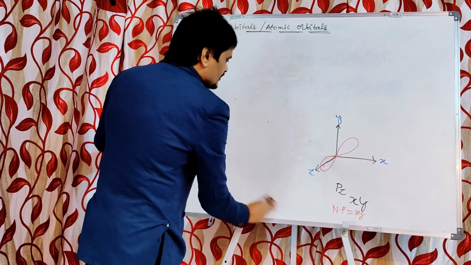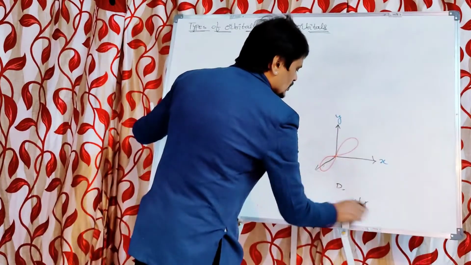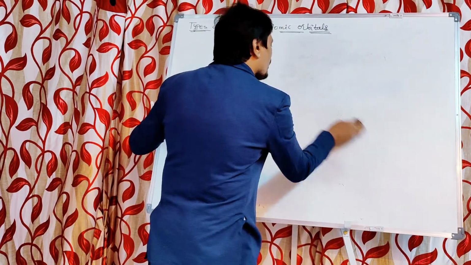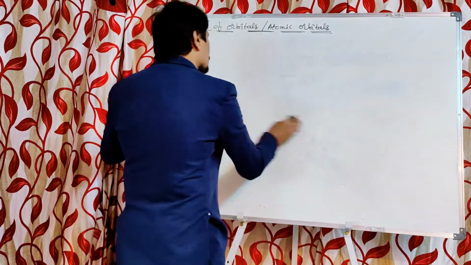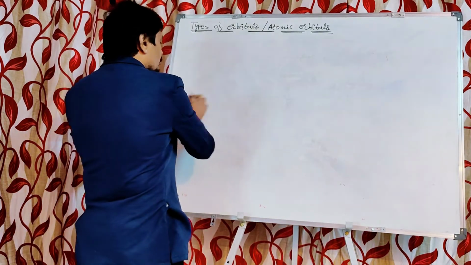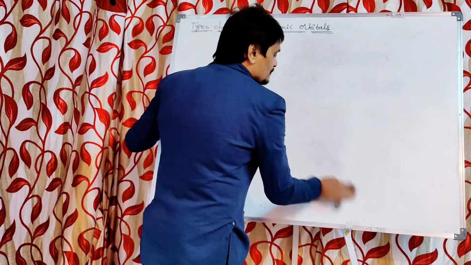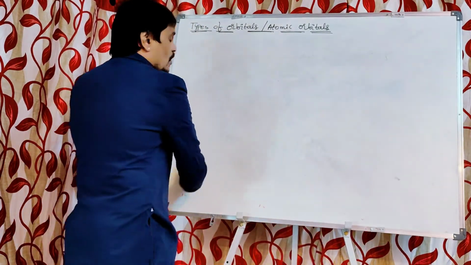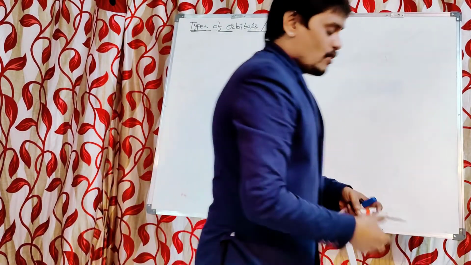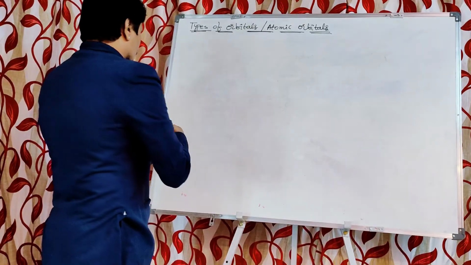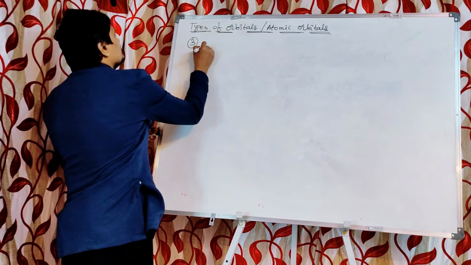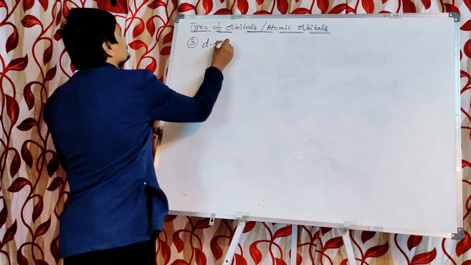That is, the electrons will be located in between the two axes or along the two axes. You will come to know while explaining the structures of these d orbitals. So, coming to the d orbitals.